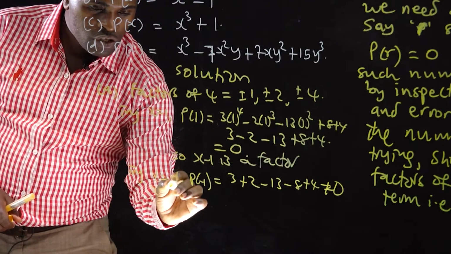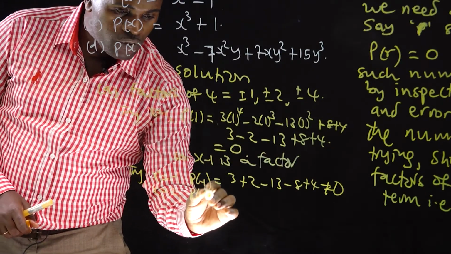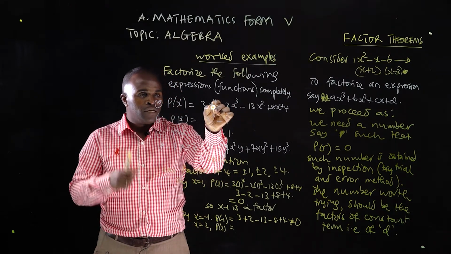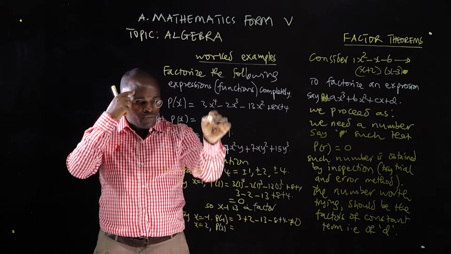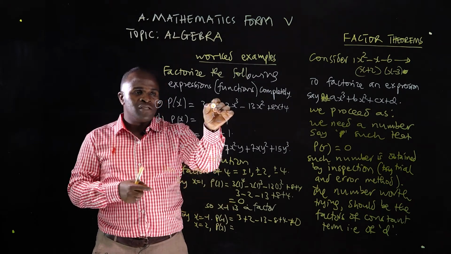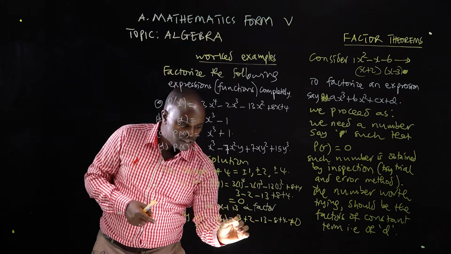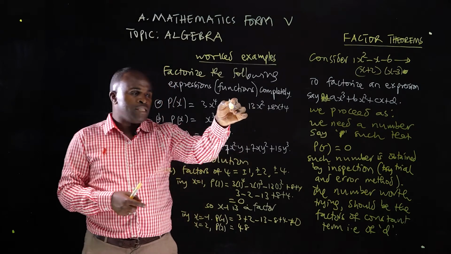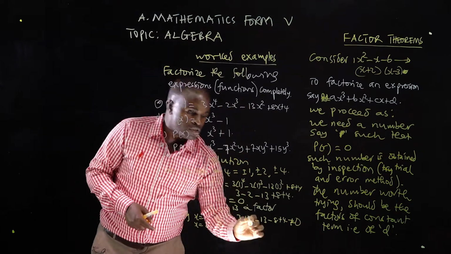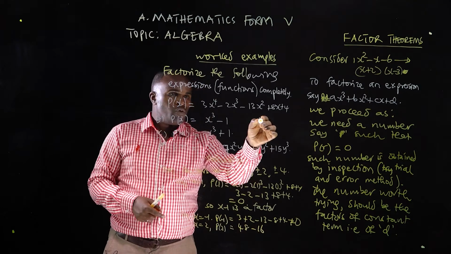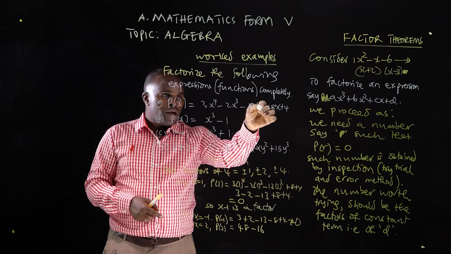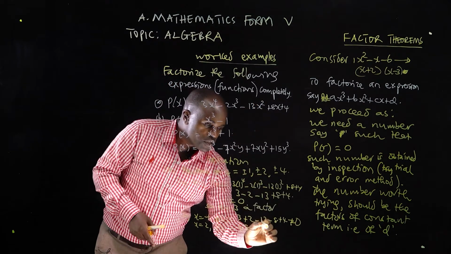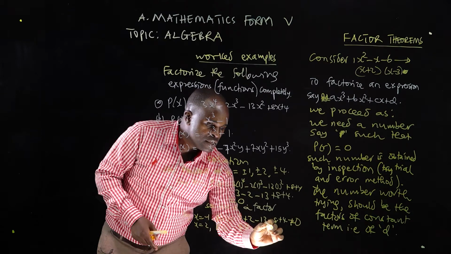So try x equals 2. P of 2: 2 power 4 is 16, 16 times 3 is 48. Then 2 cubed is 8, 8 times 2 is 16, so minus 16. Then 2 squared is 4, 4 times 13 is 52, so minus 52.